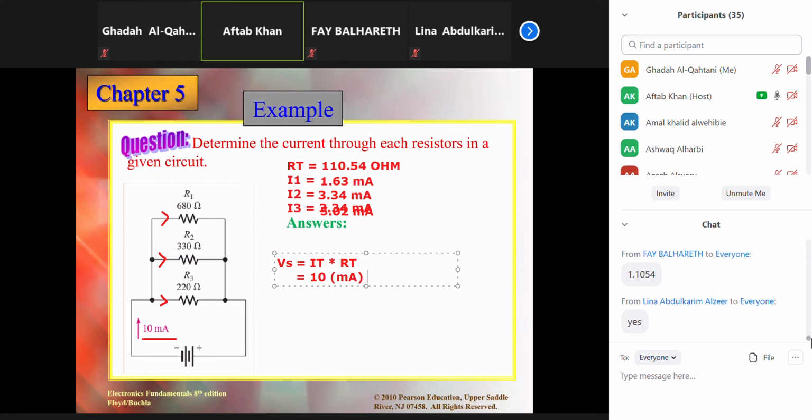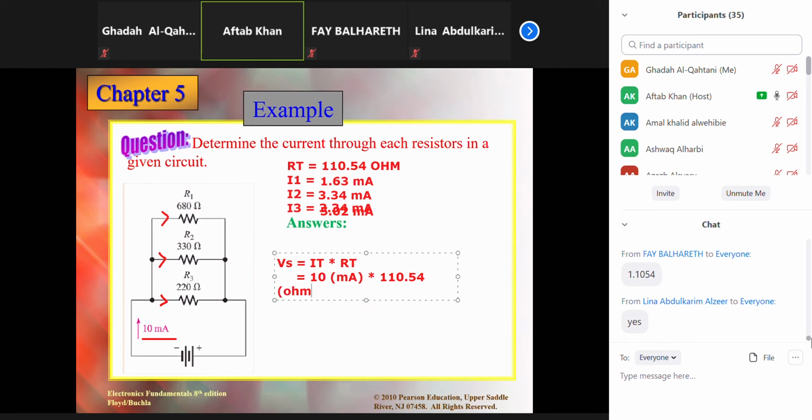Okay. The problem is, you people rely on the calculator actually. For me, I don't like the calculator. I can do all the calculations myself. I don't need it. So 10 milliamps, then RT. RT you have calculated, and you said it is 110.54, and it is in ohms.